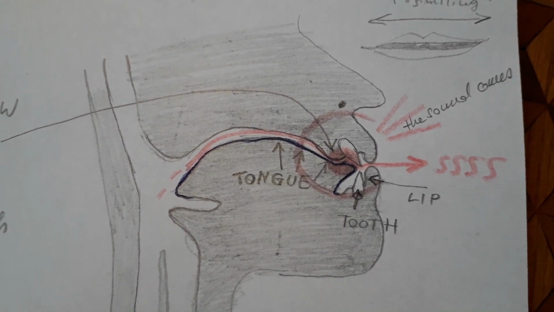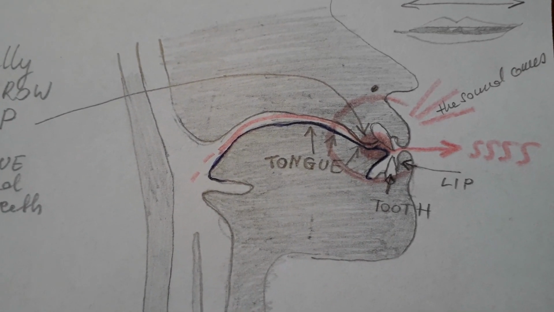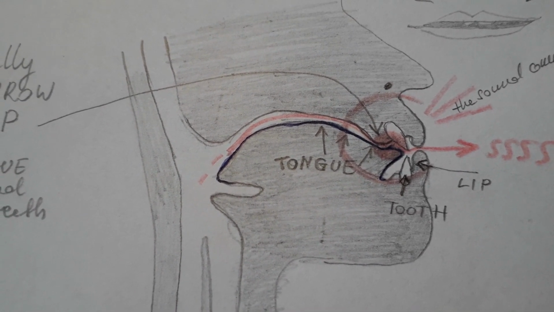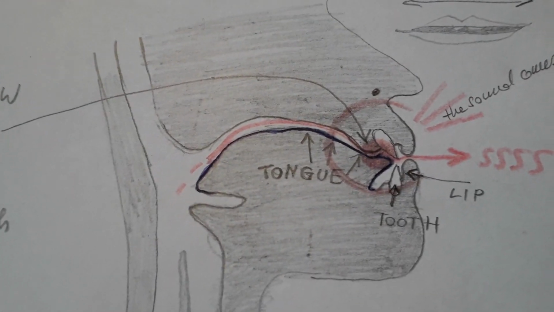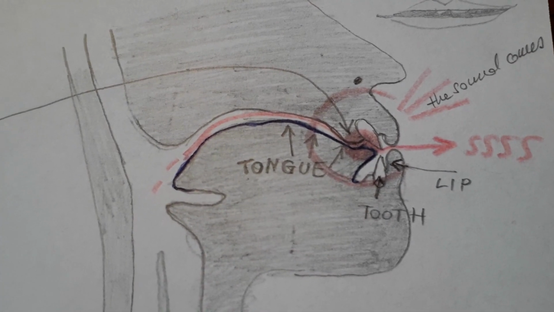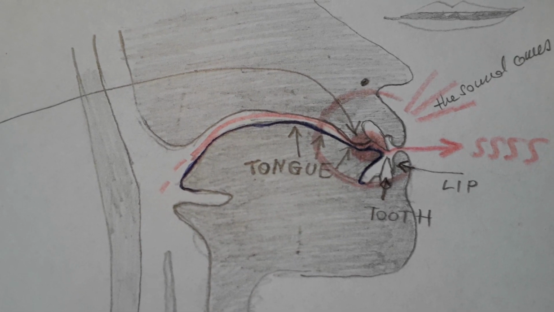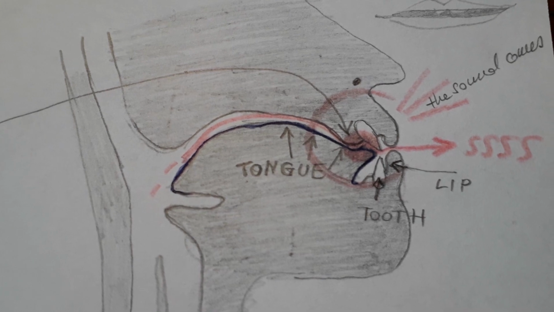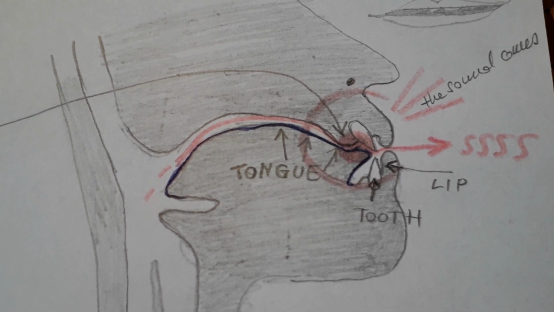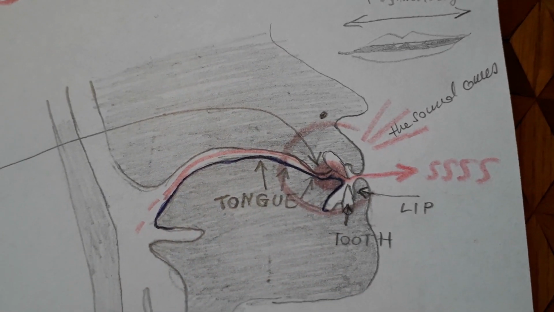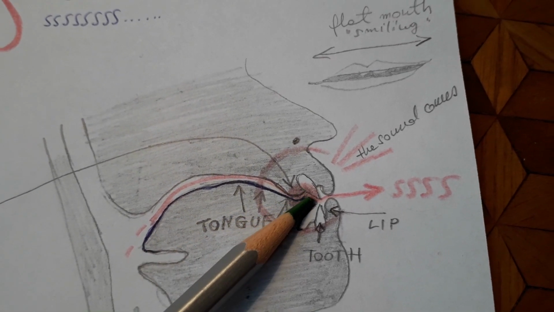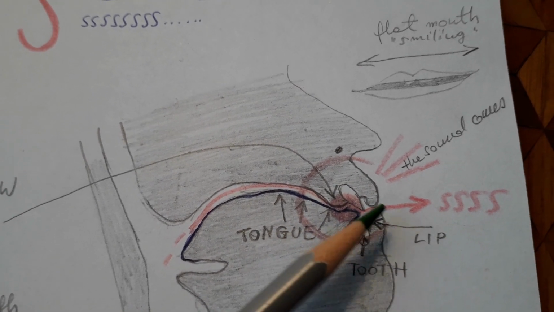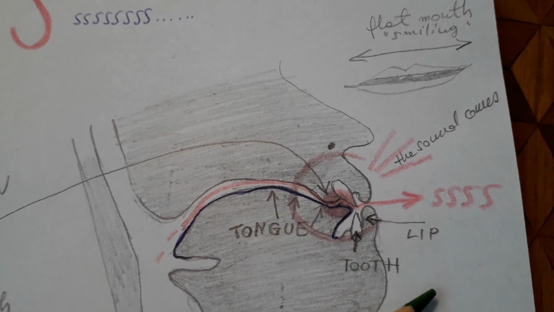When we have the sound S, which anybody can make, just concentrate and do it. You can see that your tongue is making a very narrow gap with the palate, so you push the air in this very tiny gap and the air touches the tooth and goes through the mouth, which is very flat, so there is very little space.